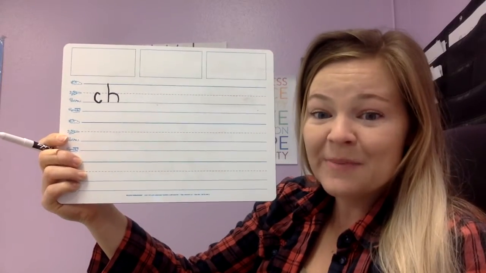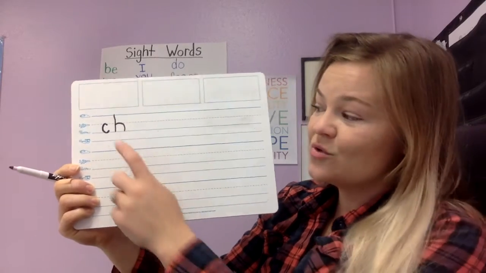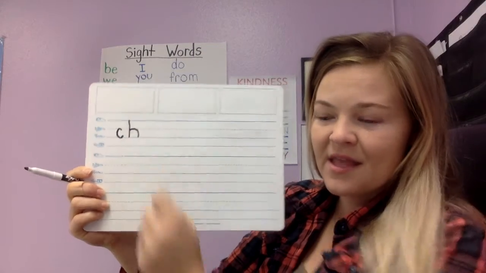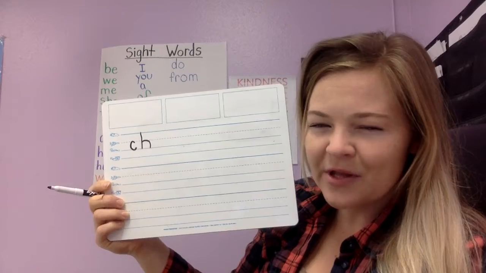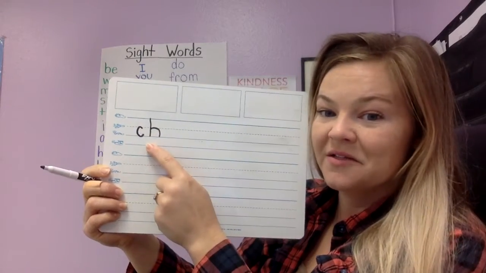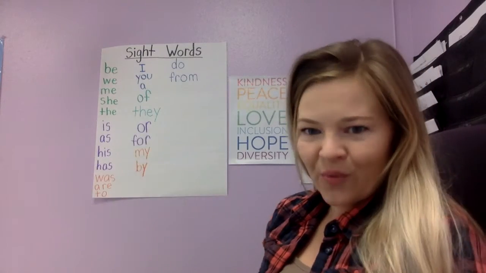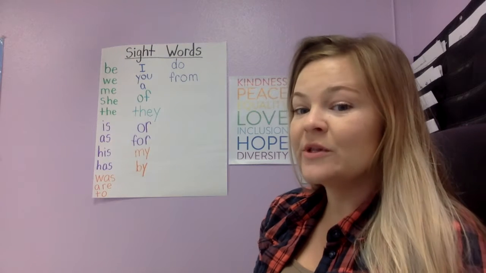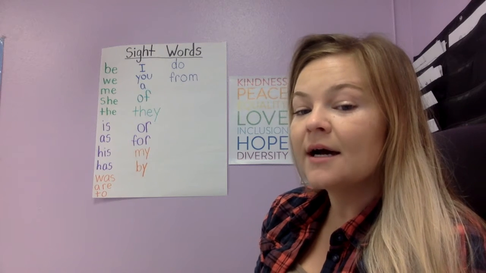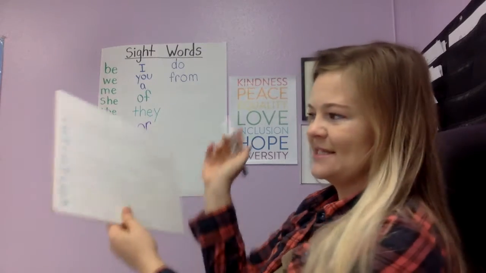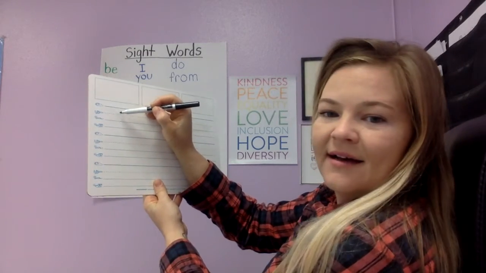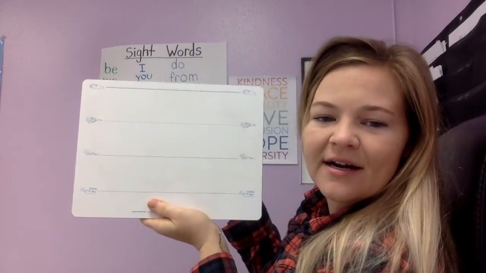All right, let's spell a word that starts with just a C, and then we're going to spell a word that starts with just an H, and then we're going to spell a word that starts with a CH. Okay, the word I want us to spell that starts with just a C, so just a k, is cat. Cat. Okay, let's spell it. K. I'll do this side so you can see a little better.